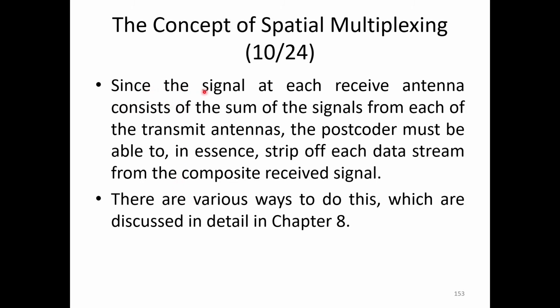Since the signal at each receive antenna consists of the sum of the signals from each of the transmit antennas, the postcoder must be able to strip off each data stream from the composite received signal.